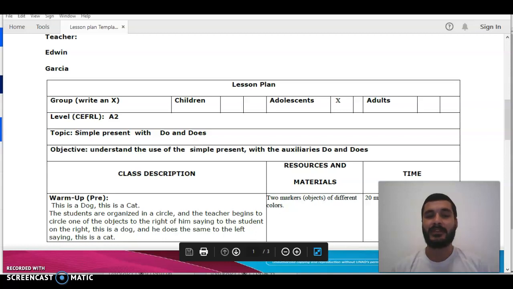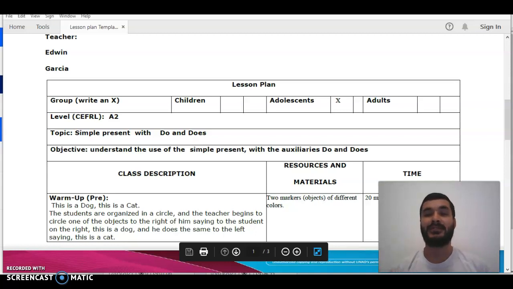The students are organized in a circle, and the teacher begins to circle one of the objects to the right of him or her, the side of the teacher, saying to the student on the right, this is a dog. At the same time, he will do the same thing on the left side, saying this is a cat.